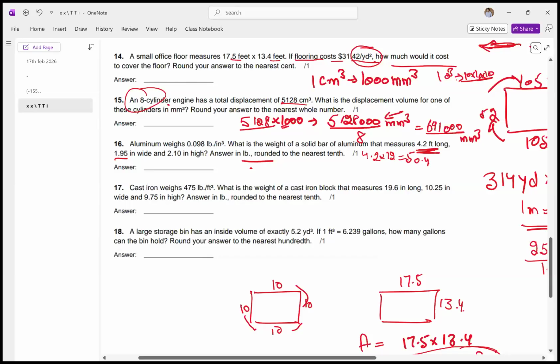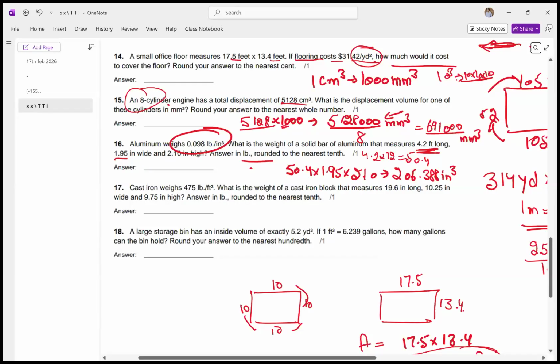And then 50.4 multiplied by 1.95 multiplied by 2.10, that's going to give me 206.388 inch cube, right? And then that is the volume. What we wanted to do is convert it into weight.